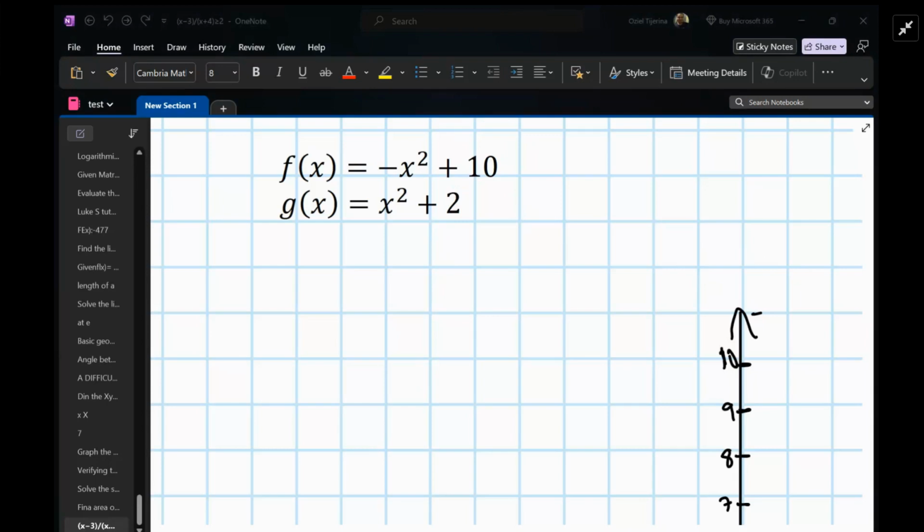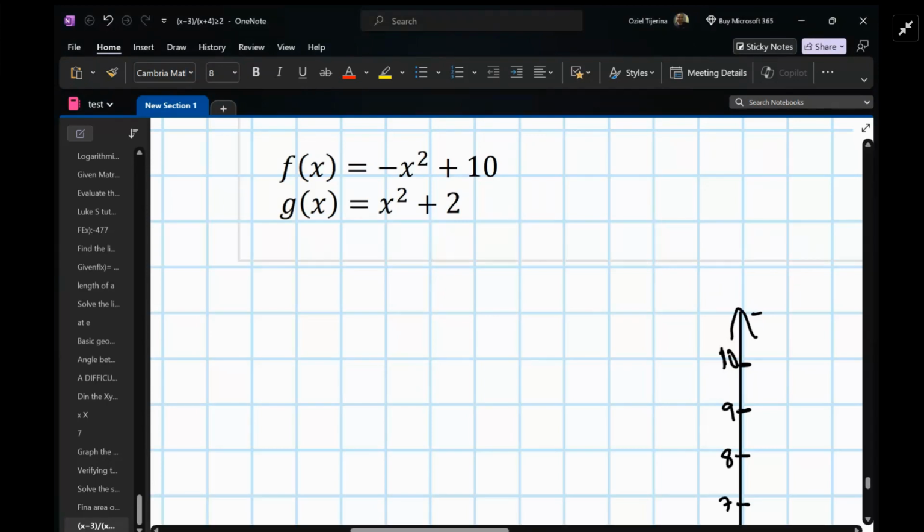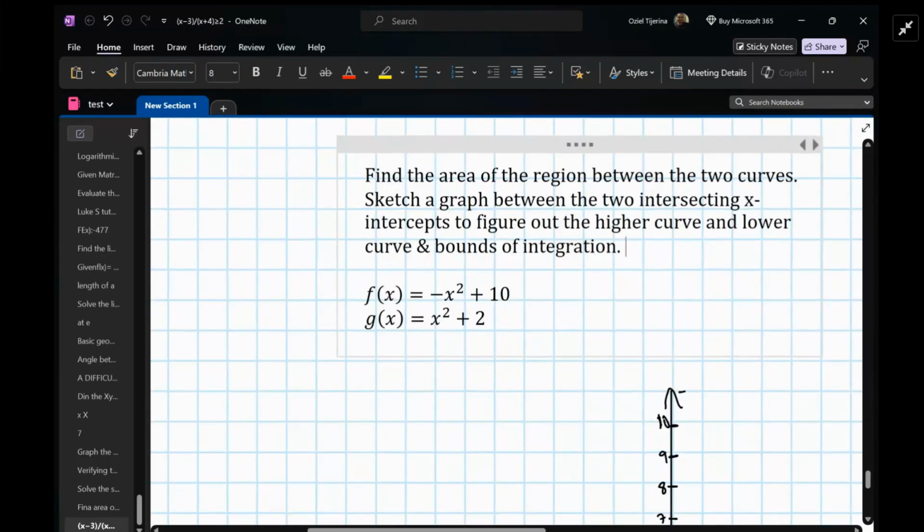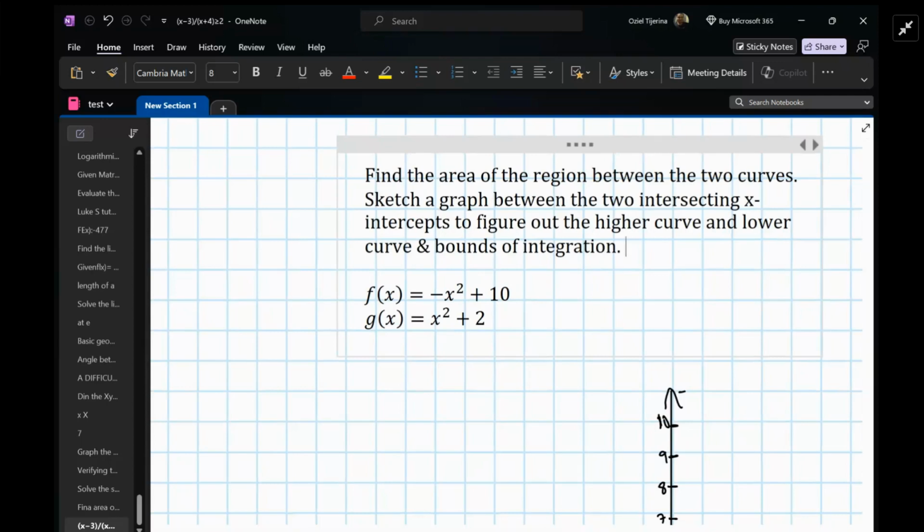All right, so in this problem, we want to find the area between the two curves. Now, we want to make sure that we sketch the graphs so we can figure out which would be the higher function, which would be the lower function.